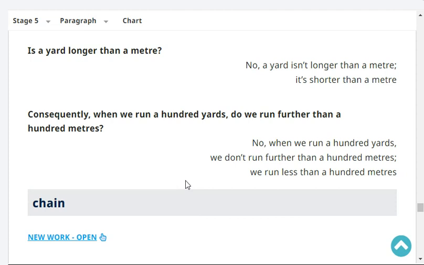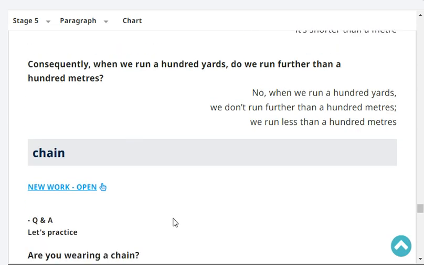No. When we run 100 yards, we don't run further than 100 meters. We run less than 100 meters. Very good.